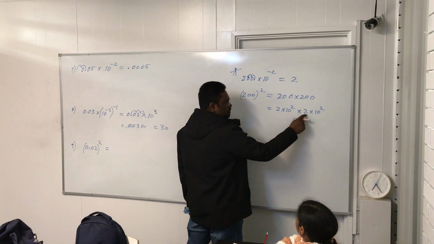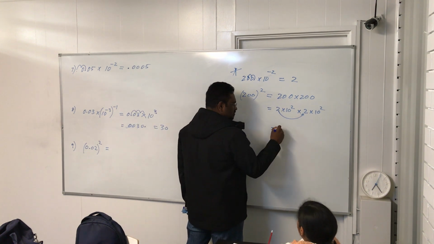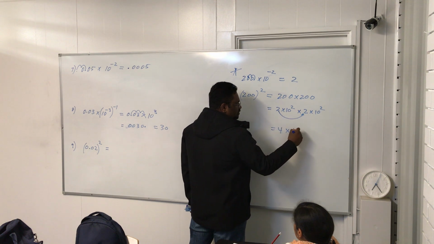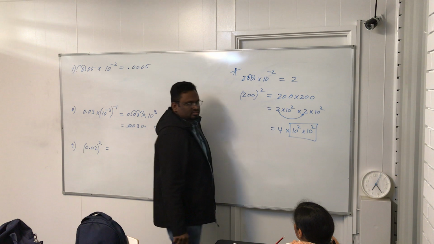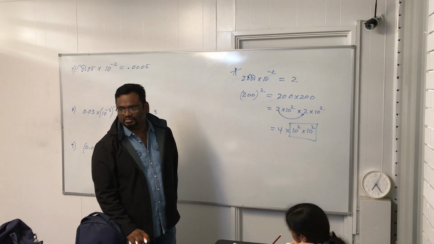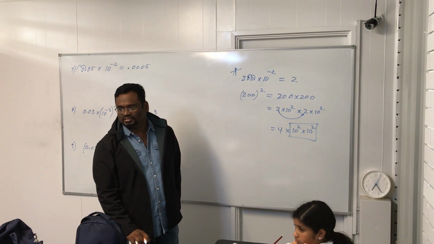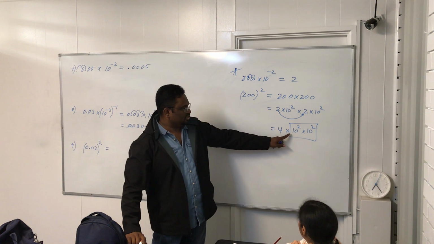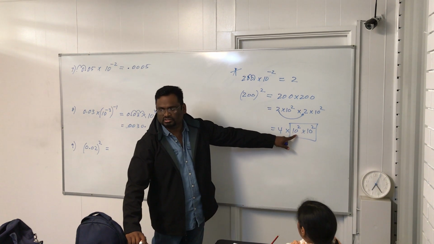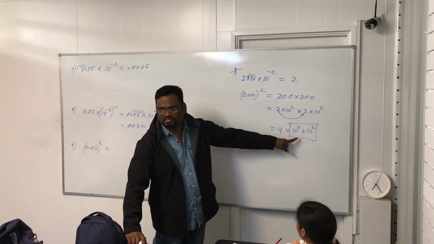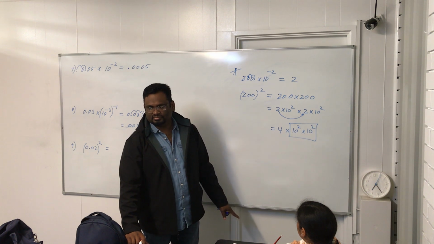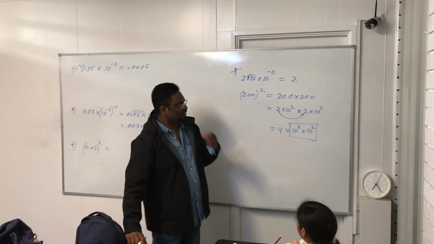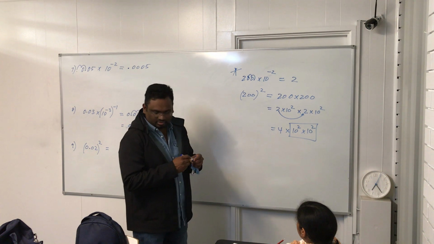Then 2 times 2 is what? 4. Then you have this 10^2 and this 10^2. I'm asking about this box: 10 to the power 2 times 10 to the power 2.